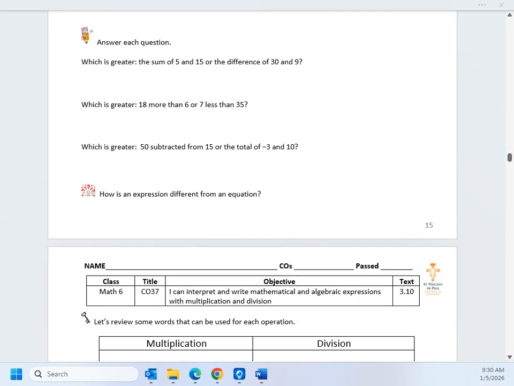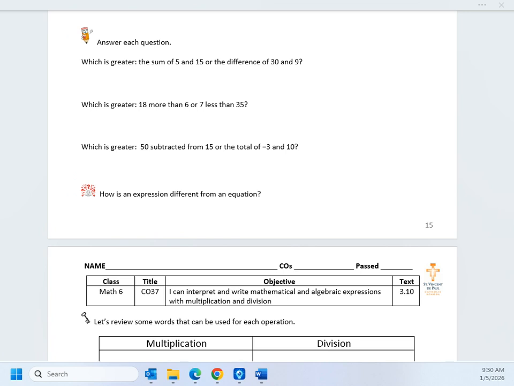Answer each question. Which is greater, the sum of 5 and 15 or the difference of 30 and 9? So what you're going to want to do here is take that verbal phrase and write it as an expression and then answer it.